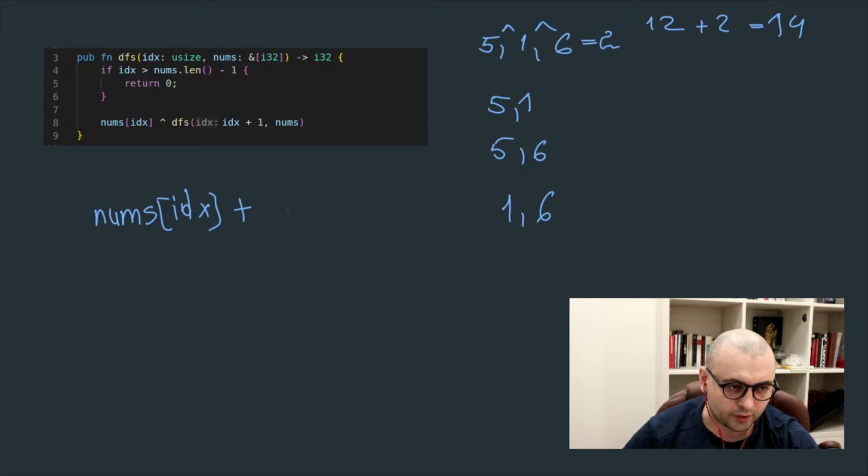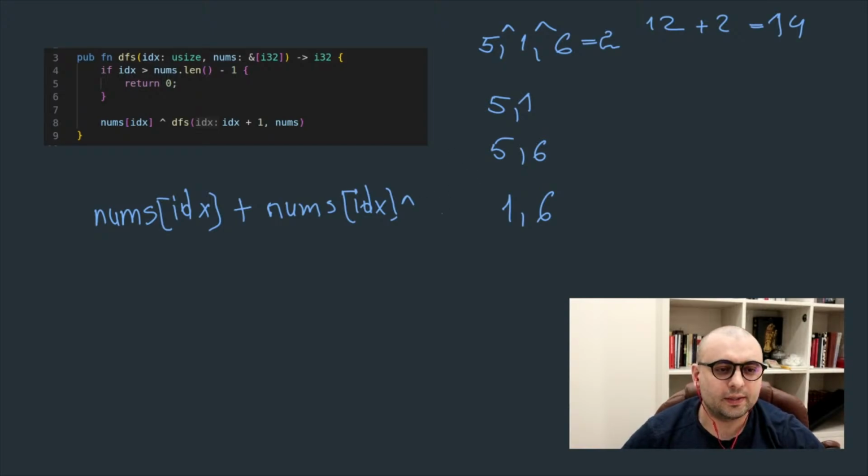Plus, we'll need to do a recursive call of nums of index XOR, XORing the next part, the DFS of i plus 1.